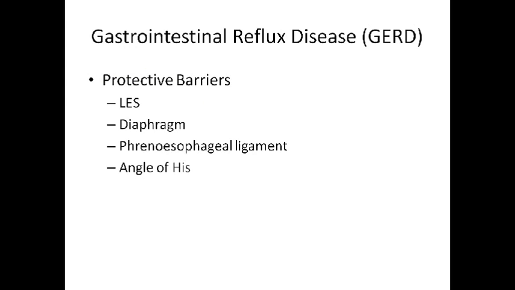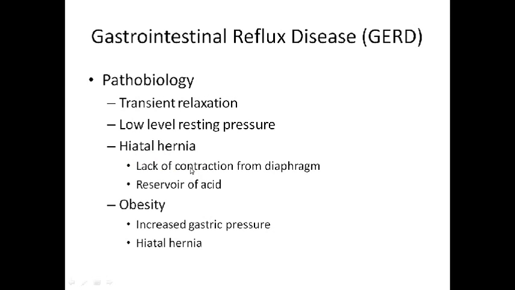The diaphragm, which is a secondary barrier, could not be as strong or changed by possible obesity. We could have an injury to the pharyngoesophageal ligament, or the angle of His could be changed also by obesity.